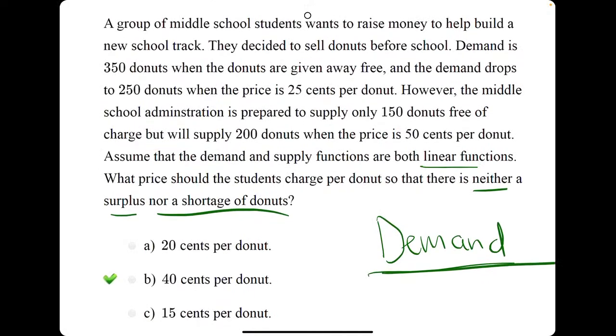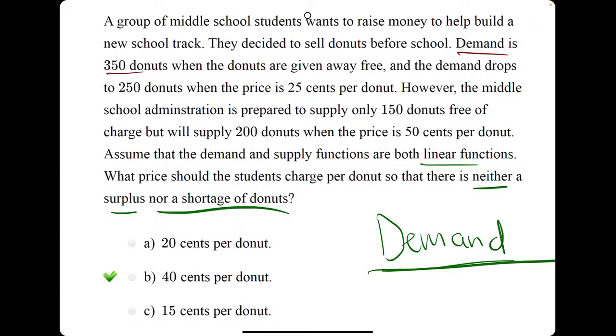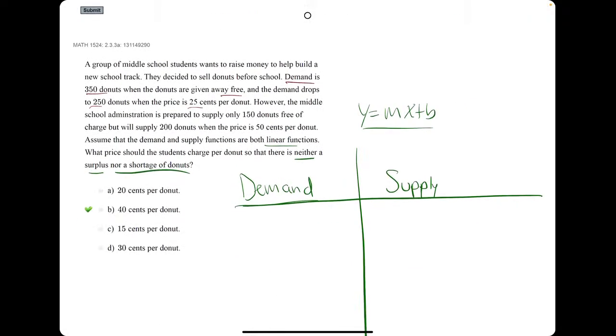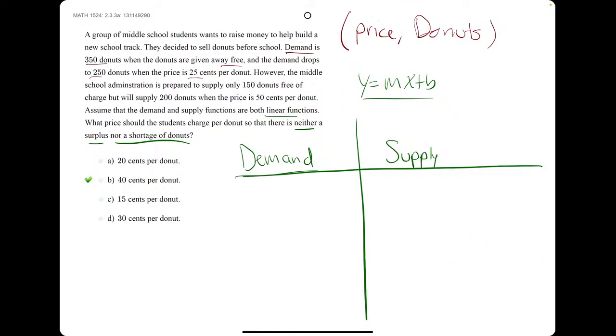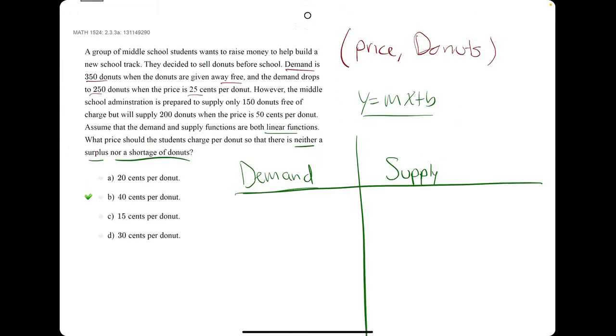Demand. They tell us that 350 donuts are sold when the donuts are free, and then demand drops to 250 when the price is 25 cents. We want to use the format price, comma, donuts in terms of our X and Y value. So what they're giving us is 2 ordered pairs for demand and 2 separate ordered pairs for supply. All right.